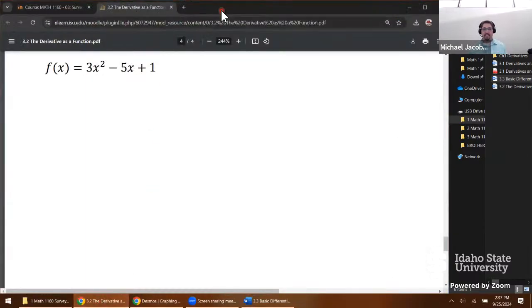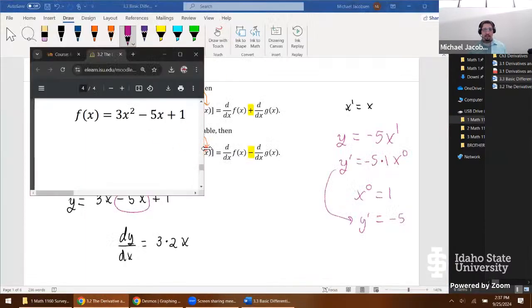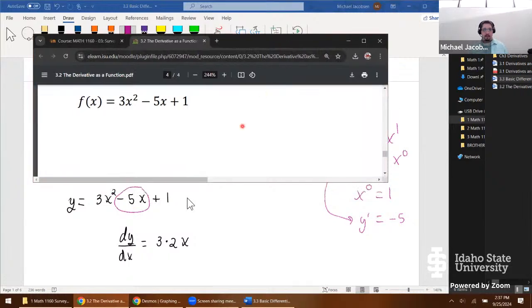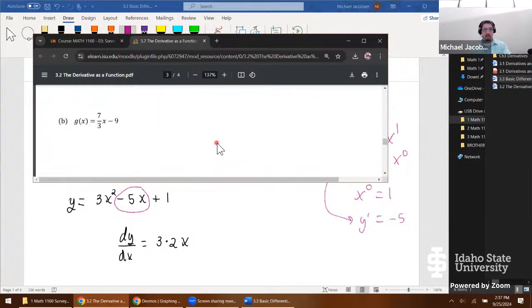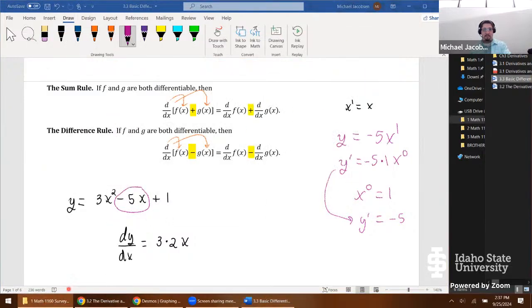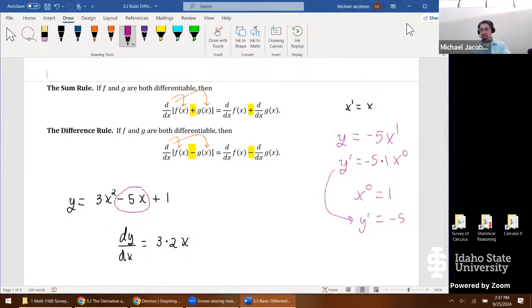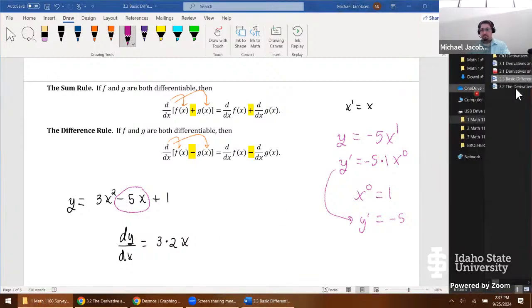You're absolutely right. Let me pull this up real quick. Another way to think about the derivative circled here is that it's really just doing this. Oh, that was one we did in the notes here. Hang on, let me pull that out. I shouldn't have closed section 3.2.